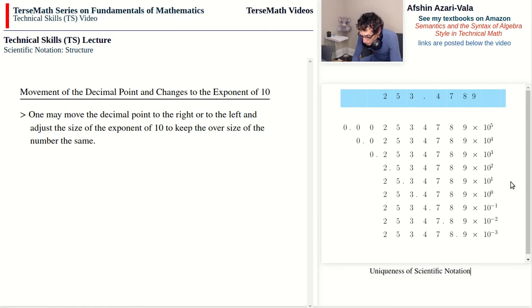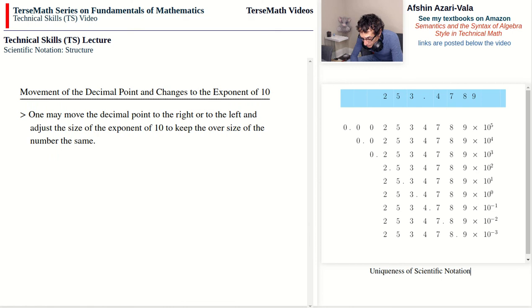The quick way to remember this is that they are opposites of each other. If the decimal point moves forward, the exponent goes down. If the decimal point moves back, the exponent goes up.